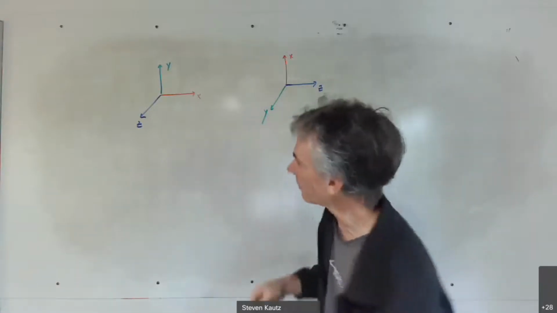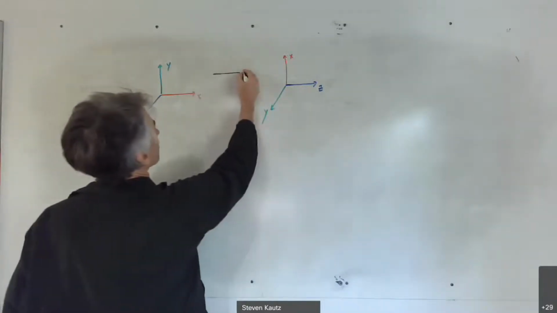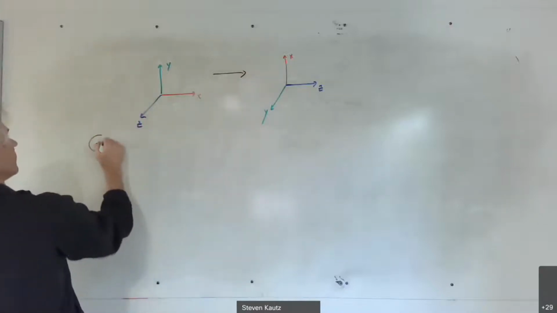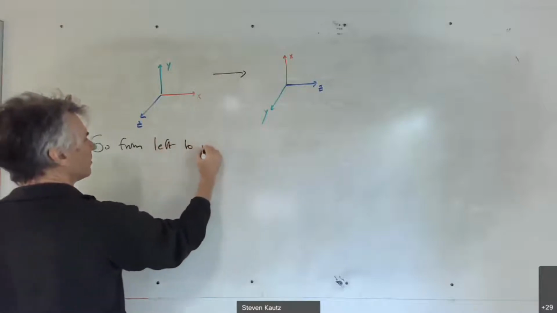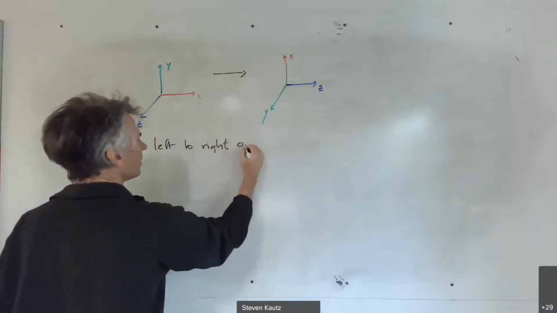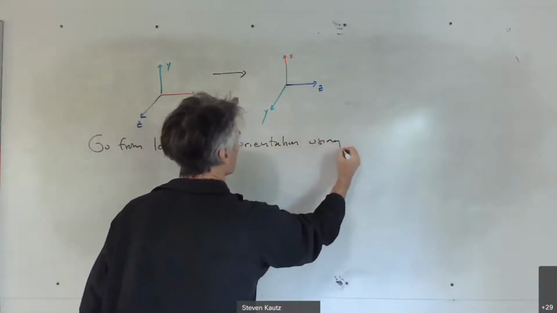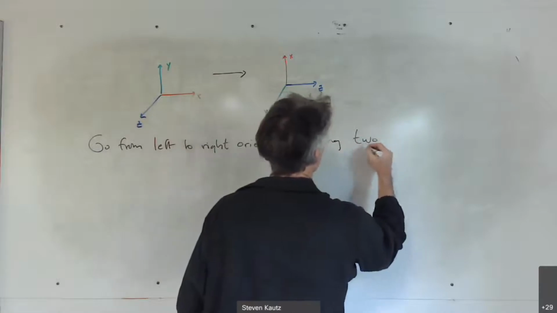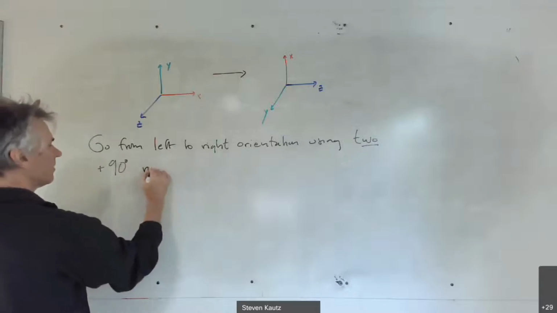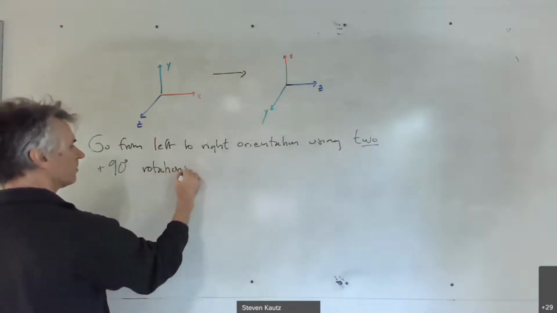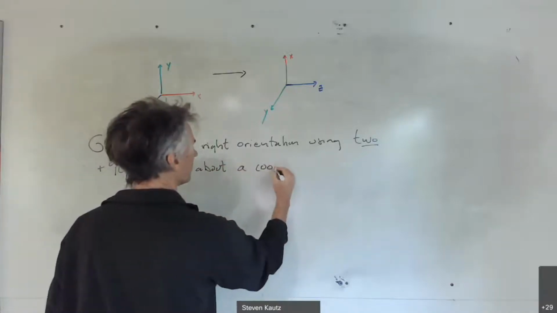And here's the challenge. We need to go from the left one to the right orientation using two 90-degree rotations about a coordinate axis.